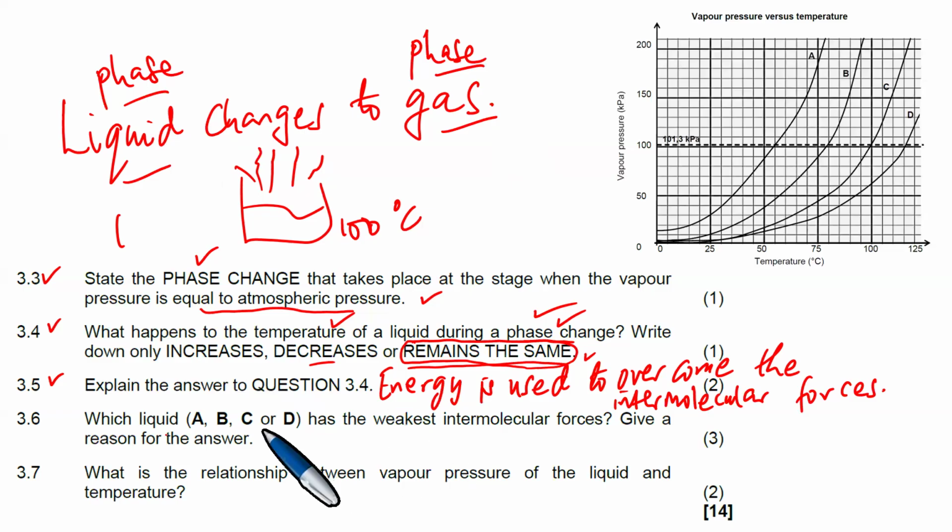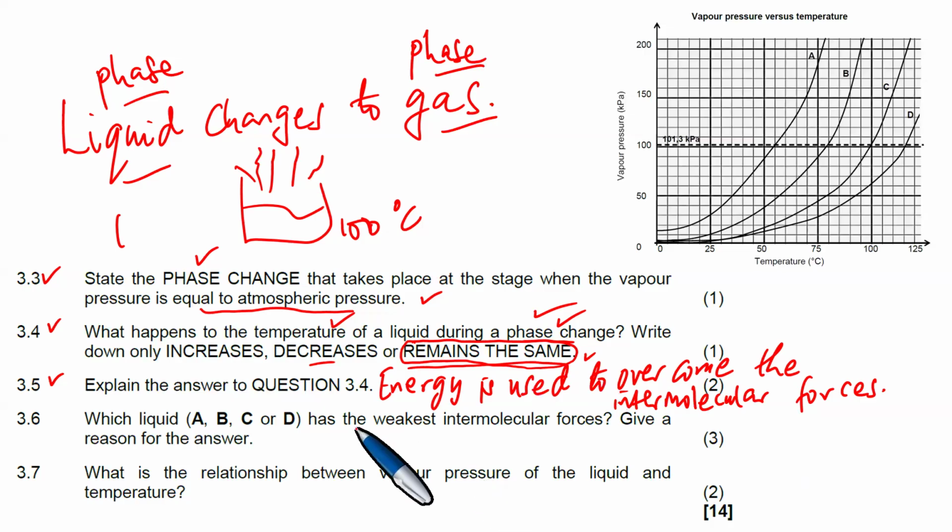But now if they ask to say, explain the answer to question 3.4, explain why is the temperature the same? Because energy is used to overcome the intermolecular forces, and when the intermolecular forces are overcome, they're overcome inside the pot.